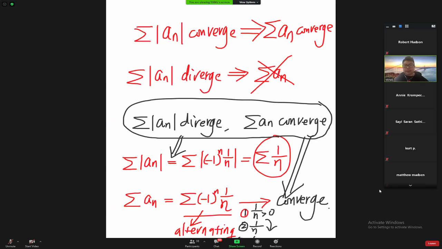Okay, any confusions inside of that? This logic is totally like an apple is fruit, but fruit may not be apple. I suggest you remember this one.